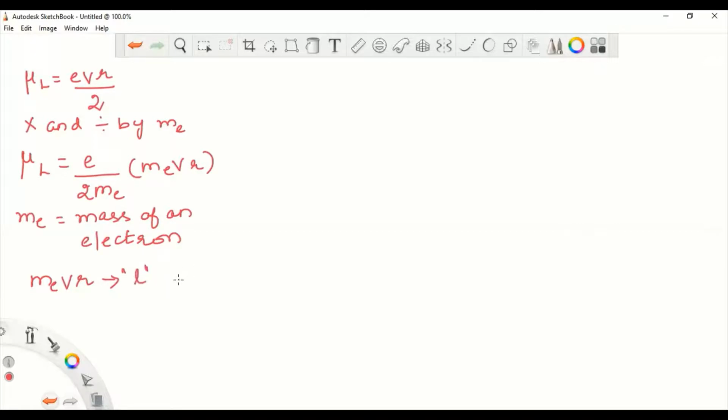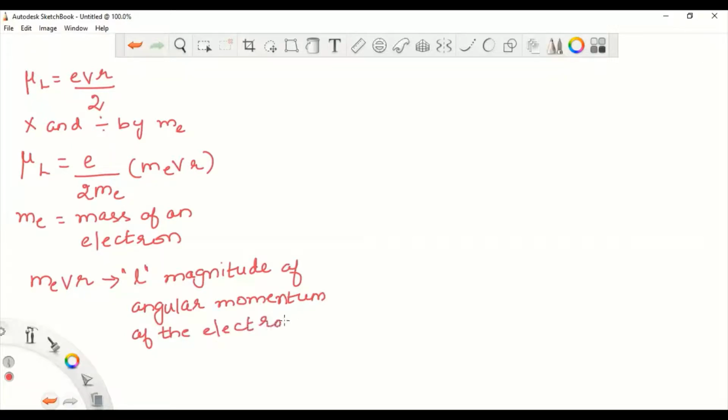It is the magnitude of the angular momentum of the electron about the central nucleus.